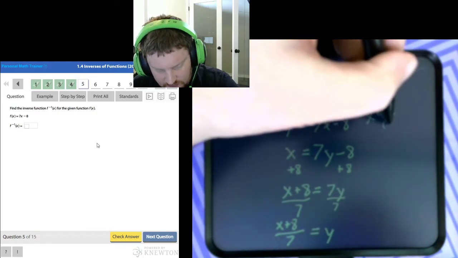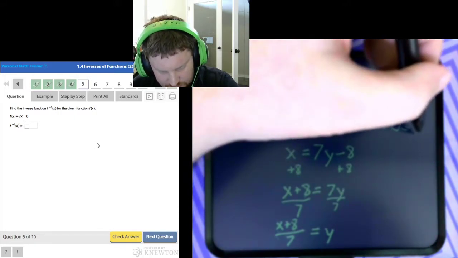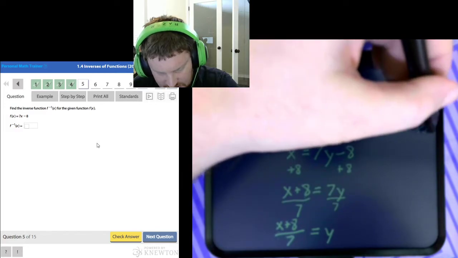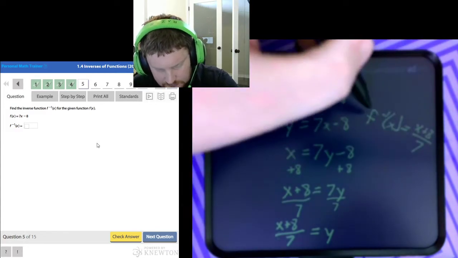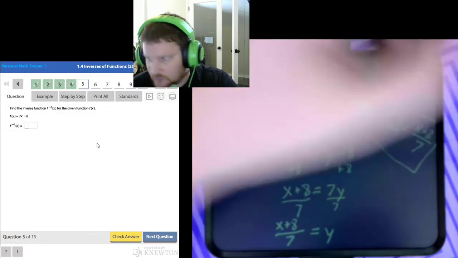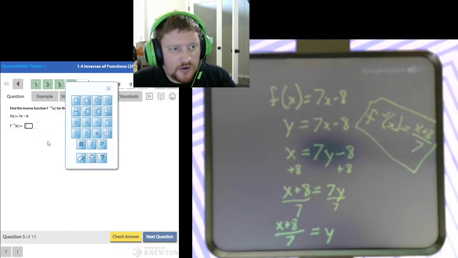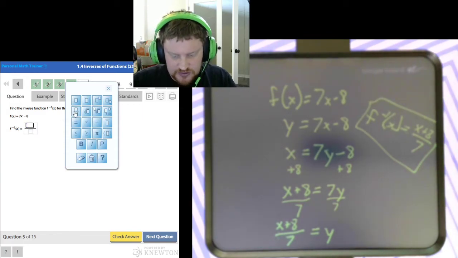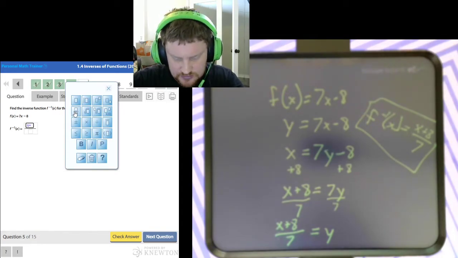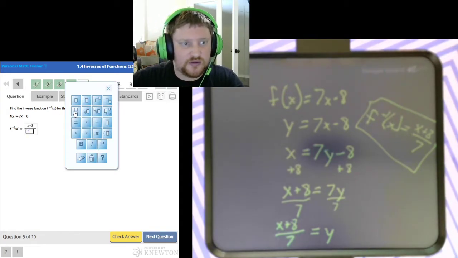So we have f inverse of x equals x plus 8 over 7. So let's get that plugged in. They've already given us the f inverse, so we need a fraction, we need x plus 8, we need divided by 7.